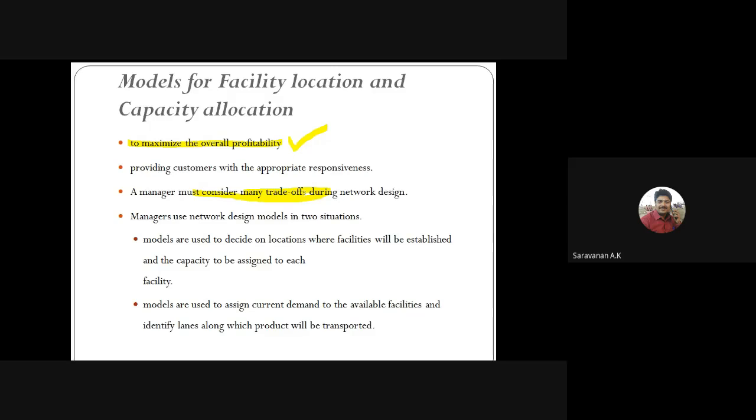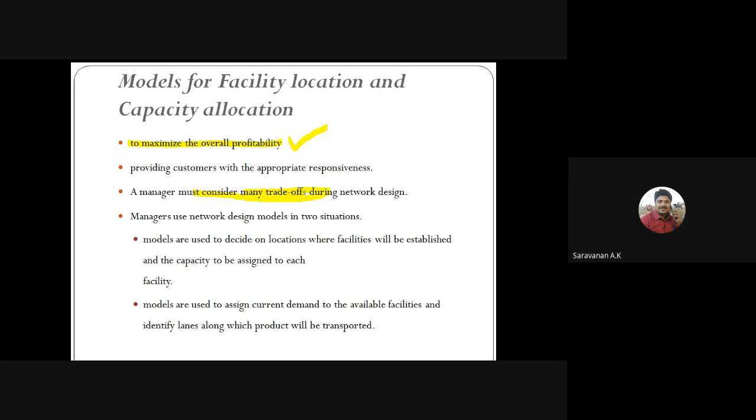But at the same time, if we increase the facilities, the inventory cost may increase, and the facility cost may also increase. So that we have to see.